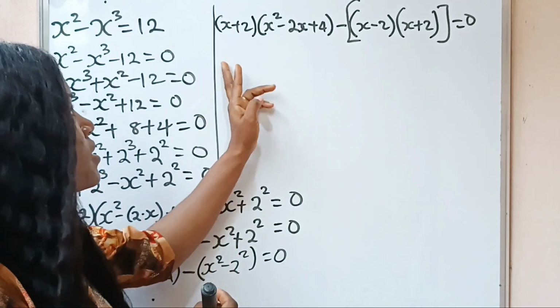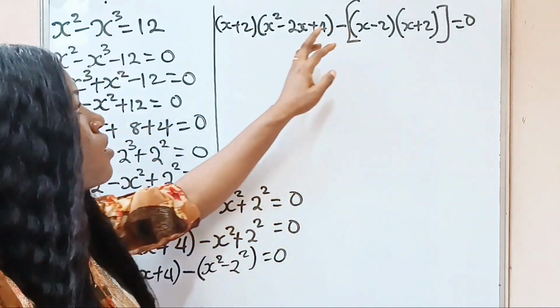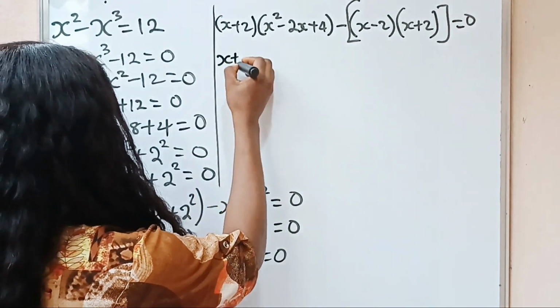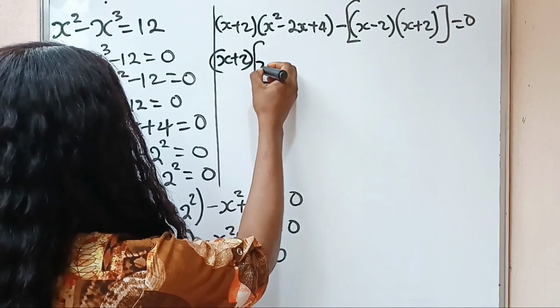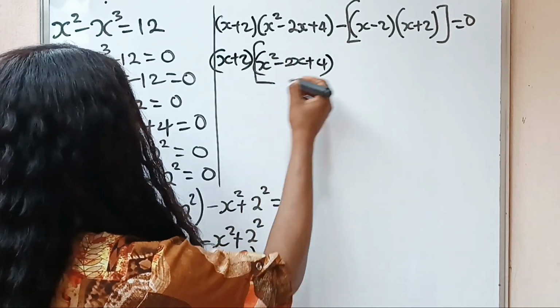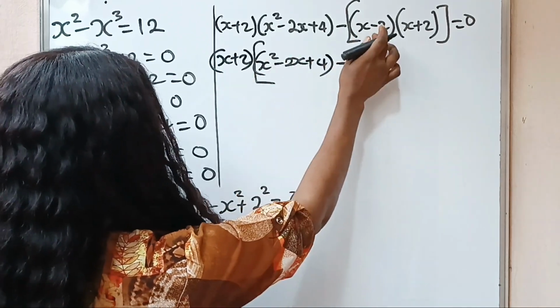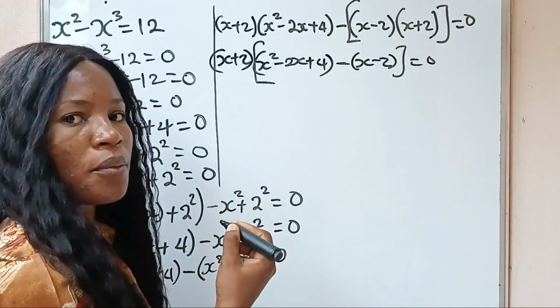Now, this is where we are. When you look at this, you notice that we have x + 2 here and x + 2 here. So let's go ahead and solve. Let's factorize x + 2 out. When this is divided by this, we have x² − 2x + 4, minus, when this is divided by this, will remain x − 2, equal to 0.